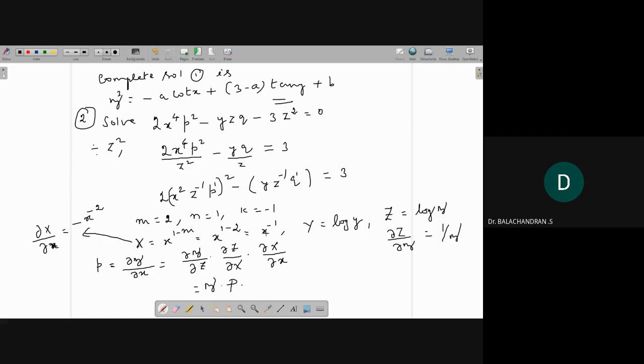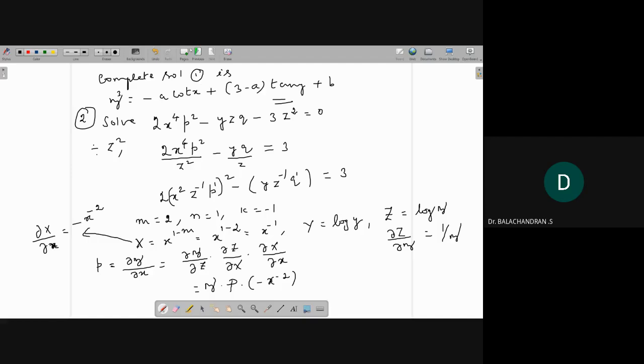Capital X is equal to 1 by x; if you differentiate 1 by x, you get minus 1 by x square or minus x power minus 2. So dou capital X by dou small x is minus x power minus 2.